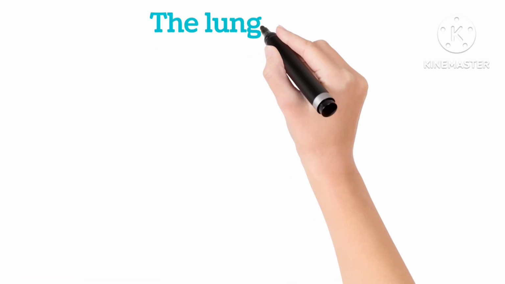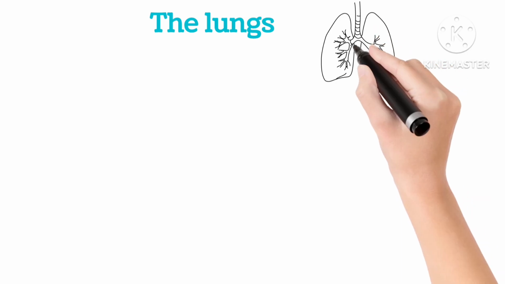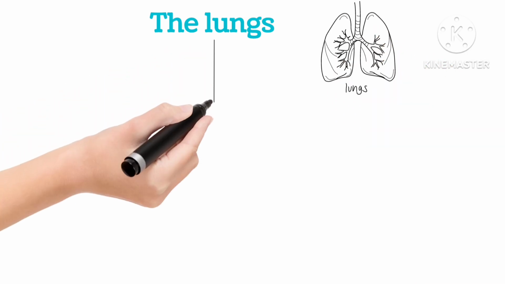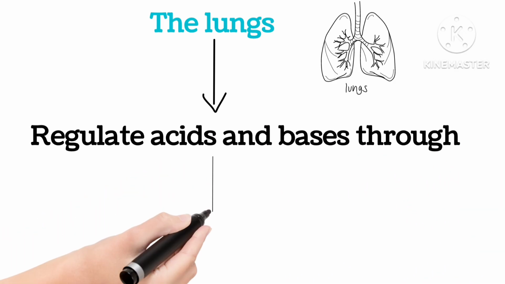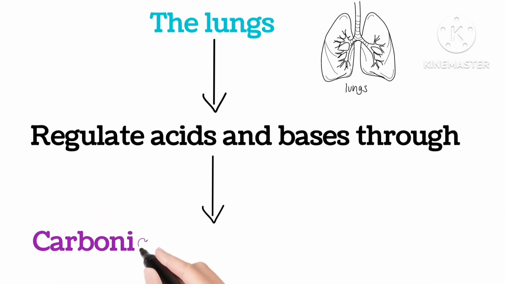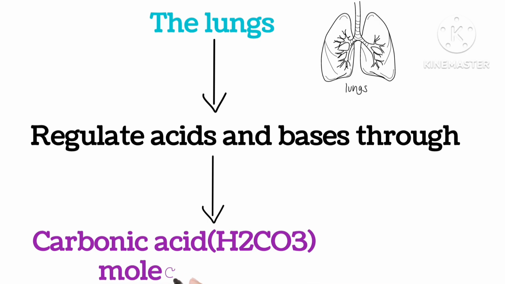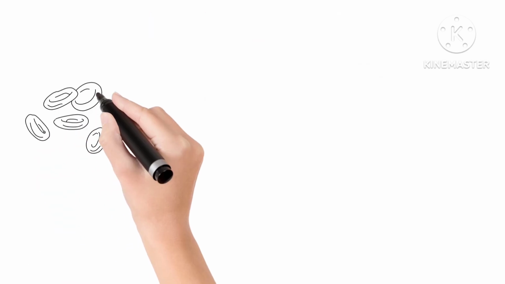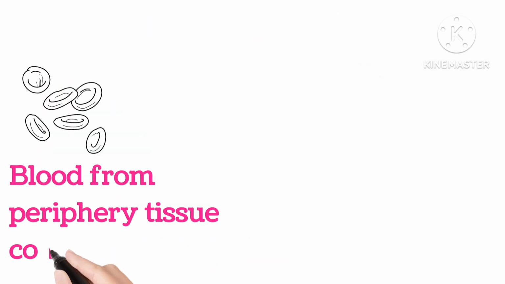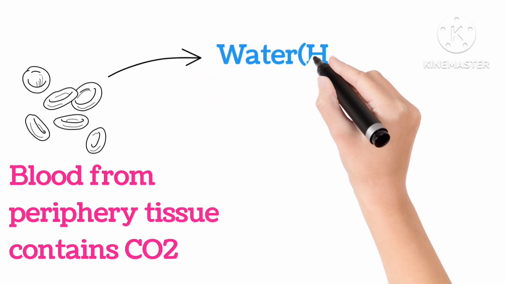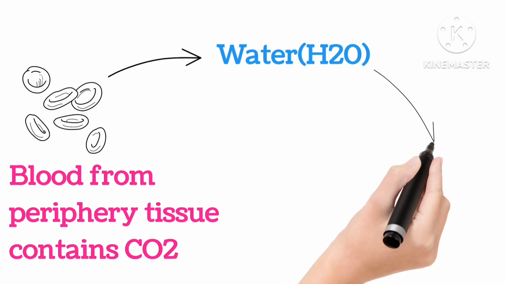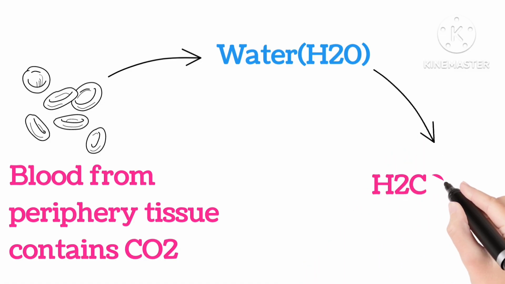In this regard, the lungs play a very important role in regulation of the acids and bases, and they do so through the generation of an important molecule called carbonic acid. Now, the blood from the peripheral tissues contains carbon dioxide, and this reacts with water to form the most important molecule, carbonic acid.